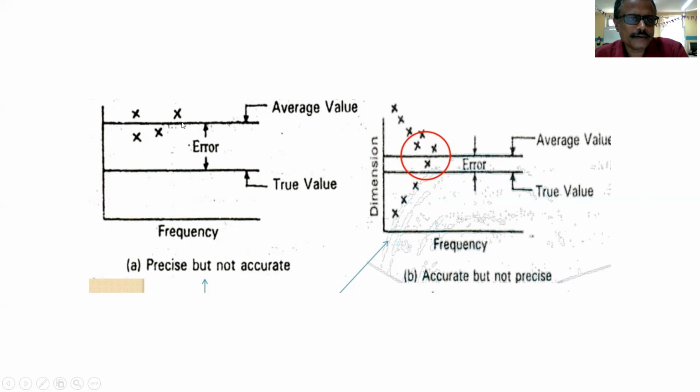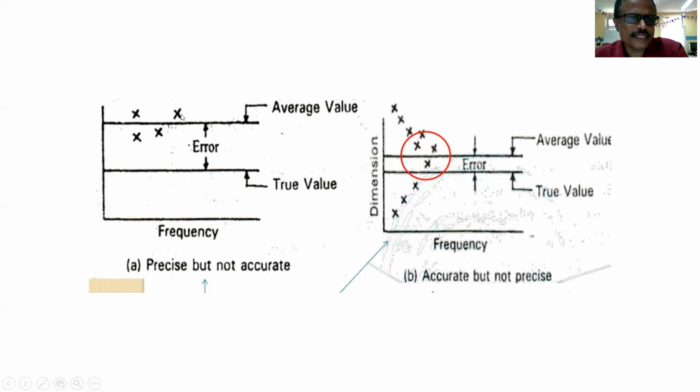The readings I get from my measuring instrument are not near this true value. Therefore, this particular instrument is not accurate, but it is precise because the readings are clustered around a particular value.